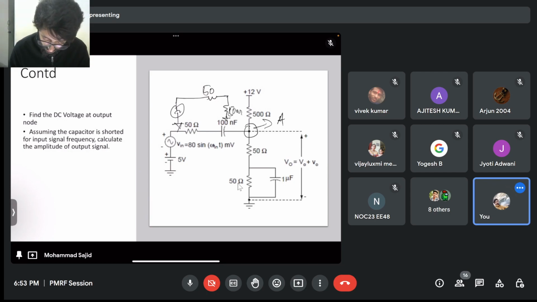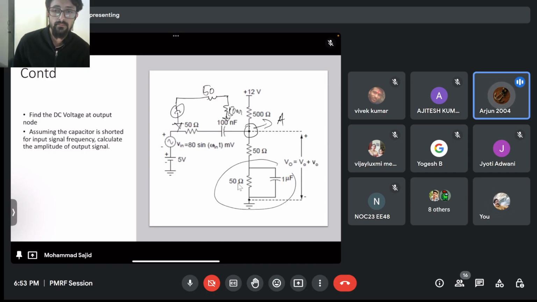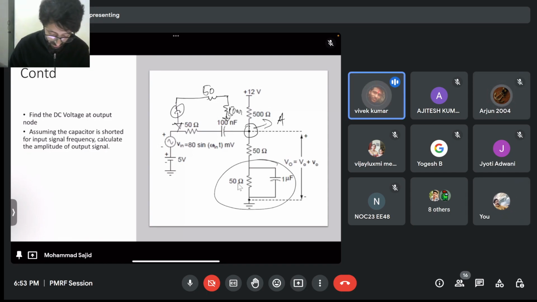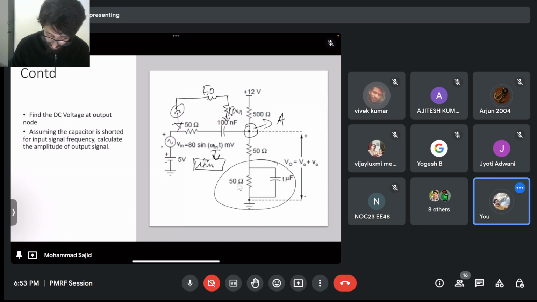This is fine. And what will happen here? Sir, it will be short circuited. It will be short circuited. But here we have assumed that the input frequency is large enough to make it short, right? Okay.